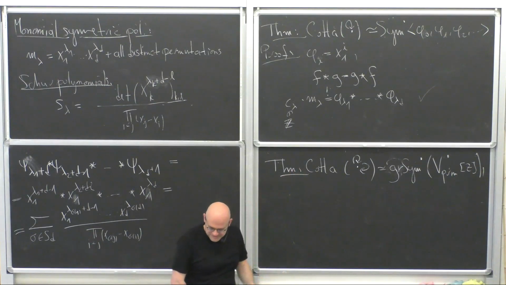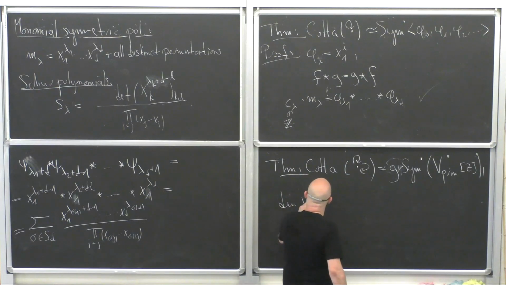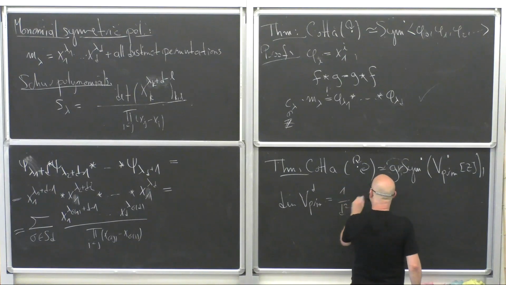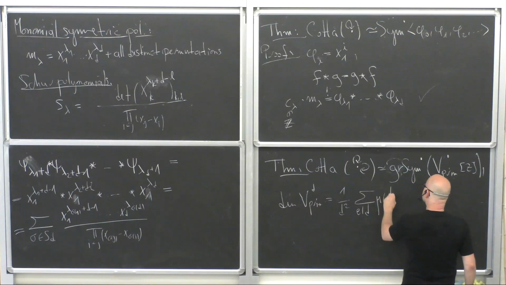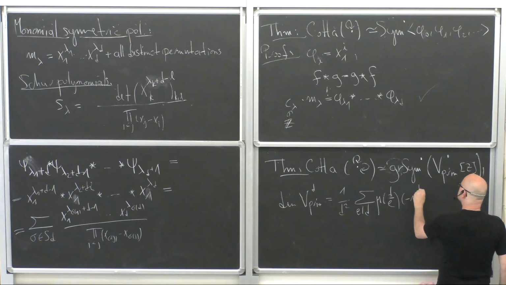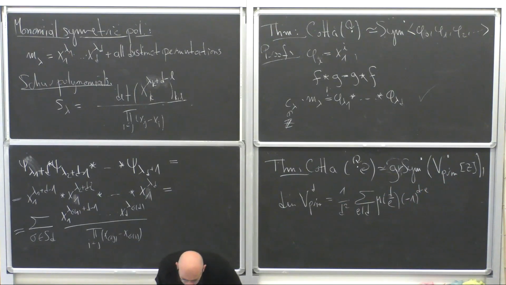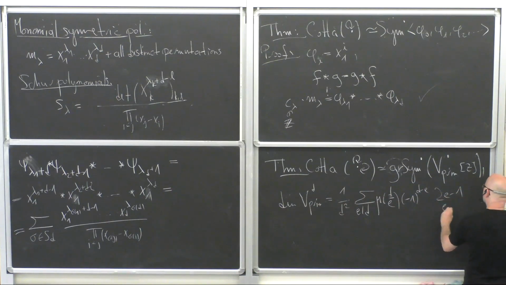But now you have generators in all degrees, and the dimension of the degree D part is 1 over D squared, sum over all divisors E of D, number theoretic Möbius function of D over E, and a binomial coefficient, E times (D minus 1)... choose E minus 1.